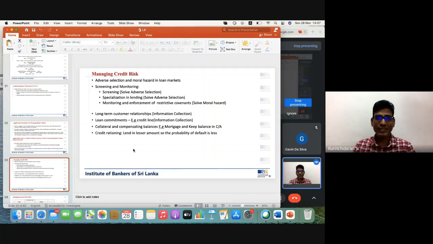When you do this credit rationing, if you give a high amount, the customer can think, okay, I can default and enjoy my life. But if you go for a small amount, they will think about the trade-off: defaulting on this small amount is not going to give a big advantage. So they try to settle, right? So the probability of default is less if you give a smaller amount.